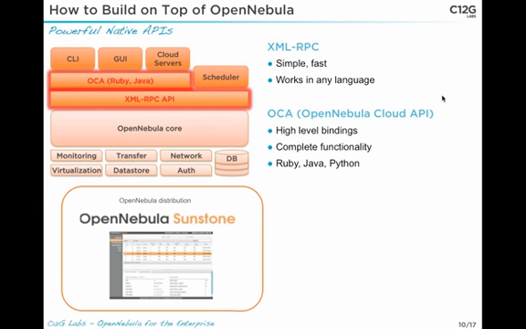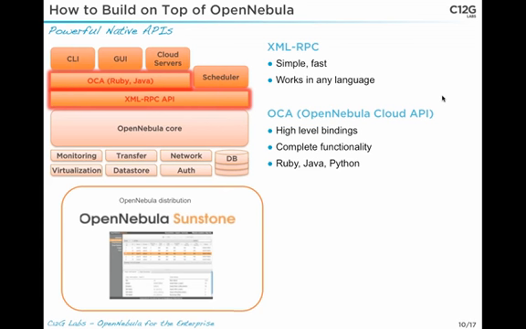some high-level bindings made in Ruby and Java, and there's even some Python bindings for it. So with this, you can build your own scripts, your own automations of daily tasks, for instance, and be able to interact with OpenNebula in a simple Ruby script, much easier than just making some program to directly talk with the XML RPC.